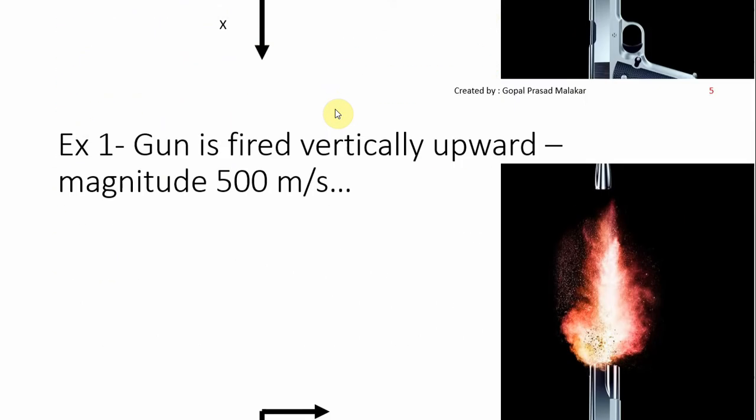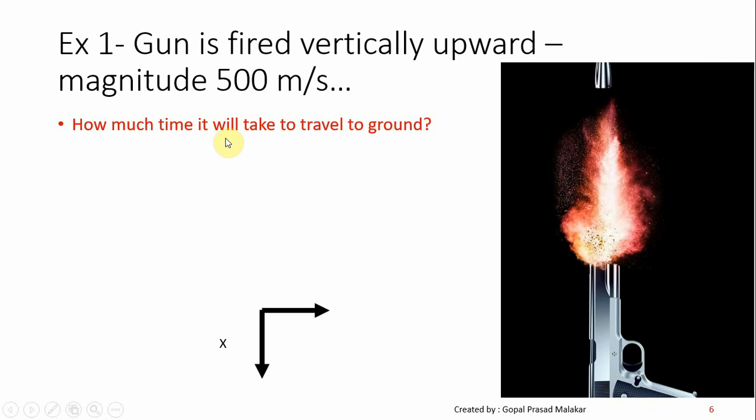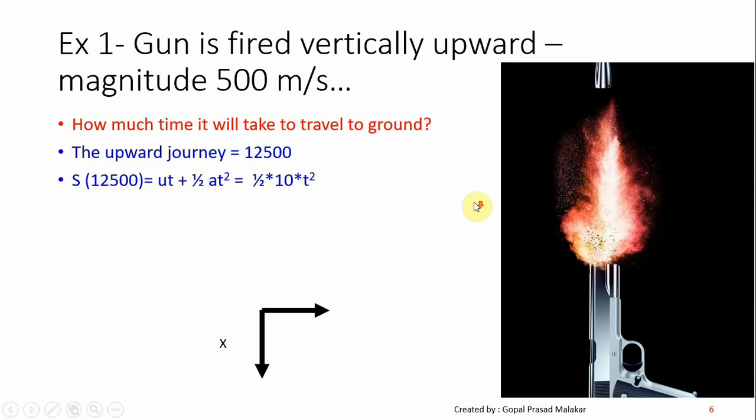Now next question, how much time will it take to travel back to the ground? The upward journey was 12,500, so downwards it has to travel again 12,500. Now the starting velocity is 0 when it has come to a stop. Then the downward acceleration is 10 meter per second square. So the u into t term goes, because it's 0 into t, leaving half into a into t square, where a, the gravitational pull, is 10.